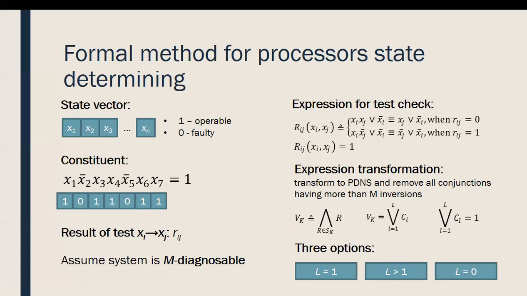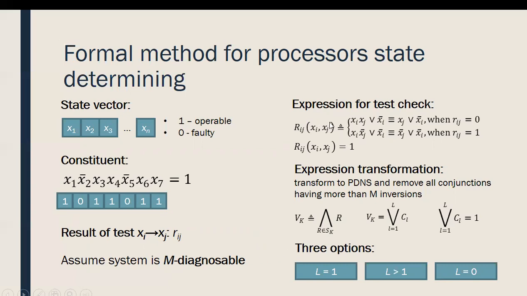And only for the real state will the constituent have a value of 1, I mean, for the state where these values correspond to the real state. It is shown in the paper. And it is also assumed that the system is diagnosable.